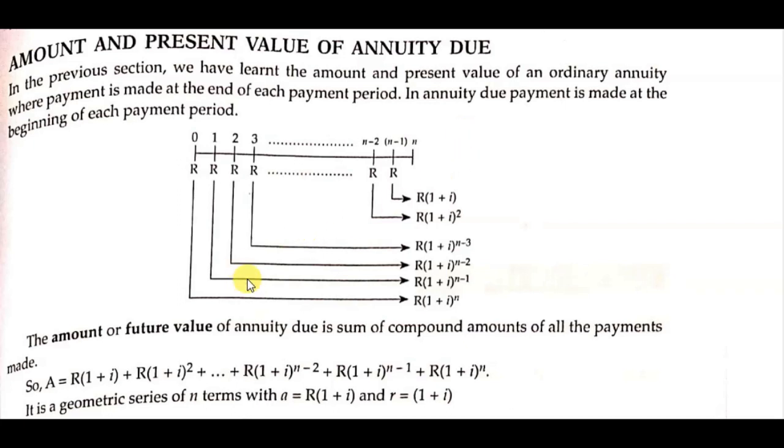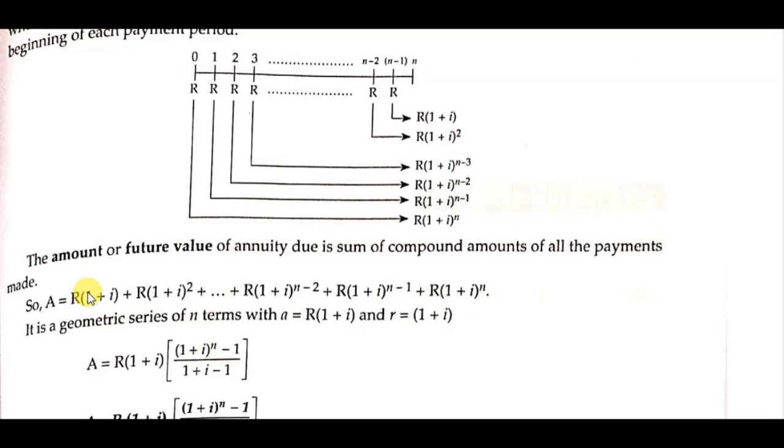So adding all these values, amount A equals, this is a future amount, because after completing all these payments we will receive that amount at last. Look at this: R into (1 plus i), and R into (1 plus i) square, and so on, every amount for individual investments that we receive at last.